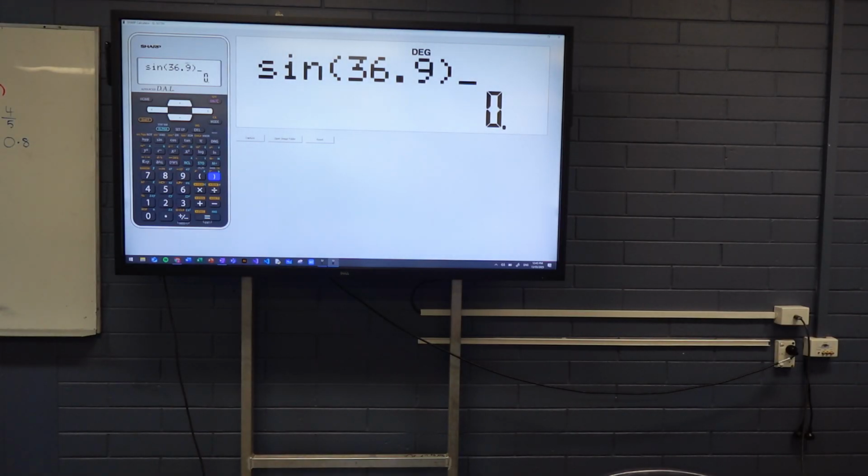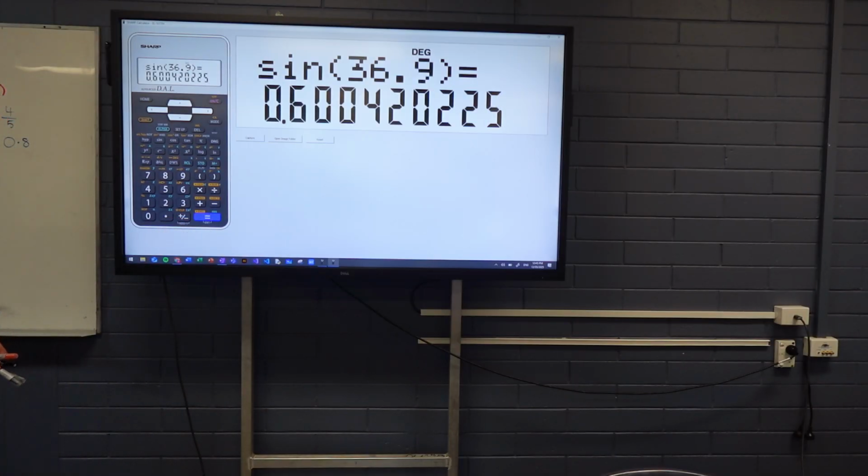Once you've typed it in, we're going to press the equals button. And what do we get? 0.60, or 0.6, to 1 decimal place.